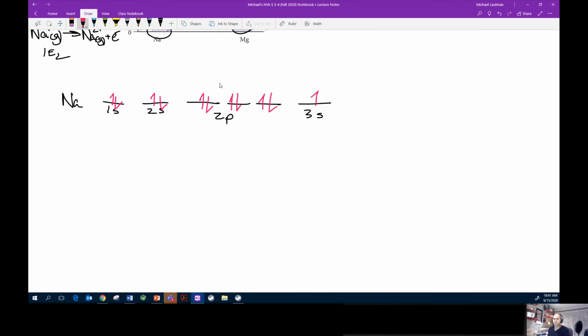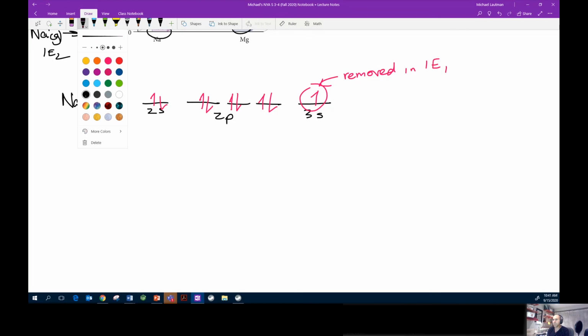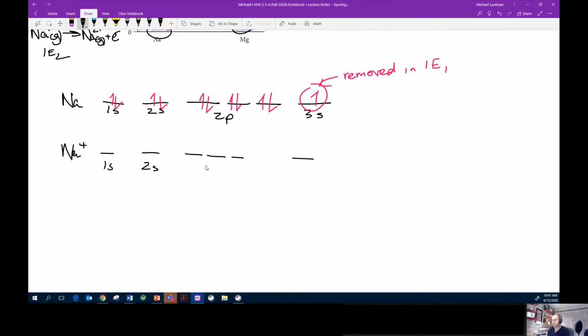This is sodium. If I remove this electron, it means that sodium plus is going to look like this. So it only has core electrons left.